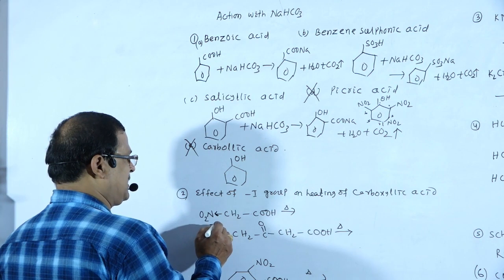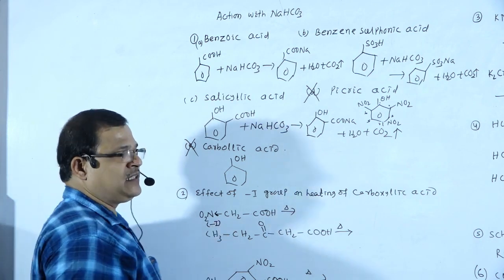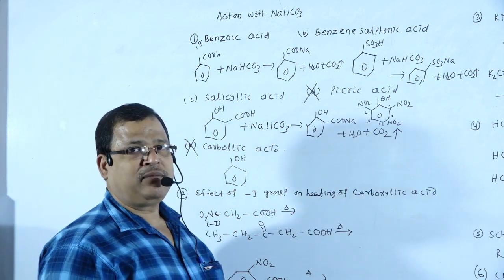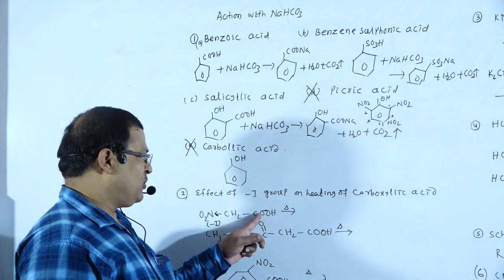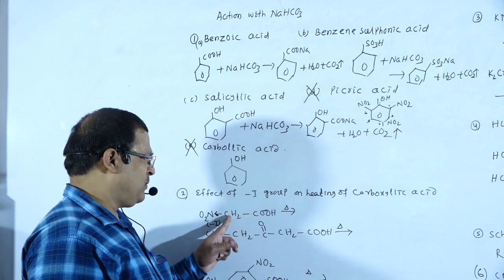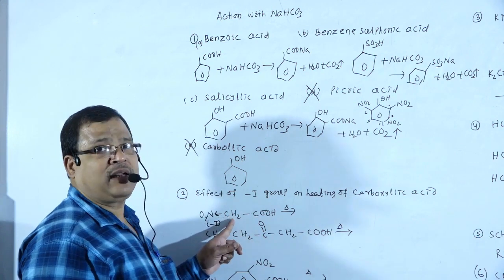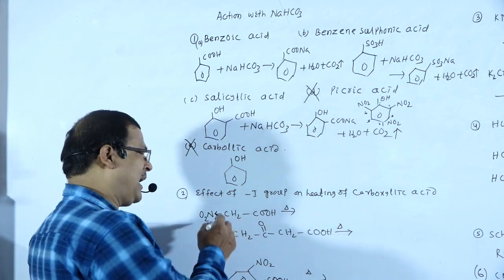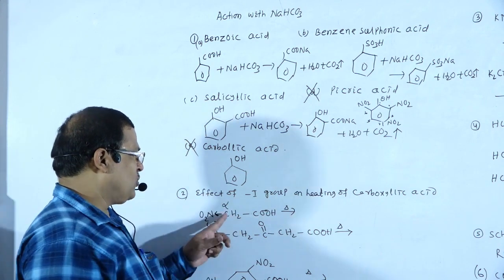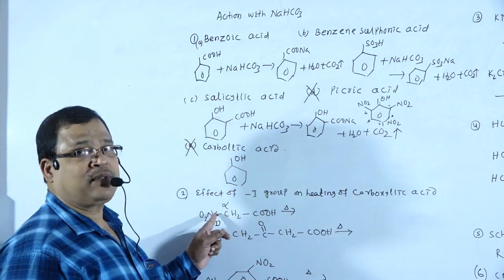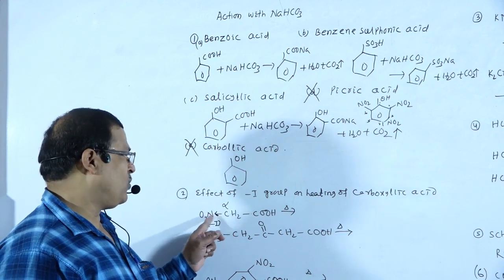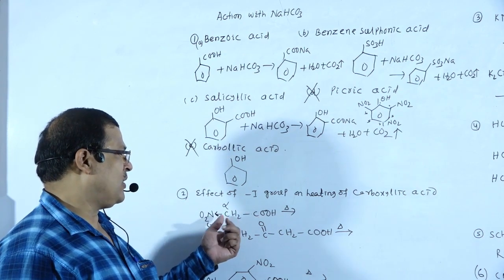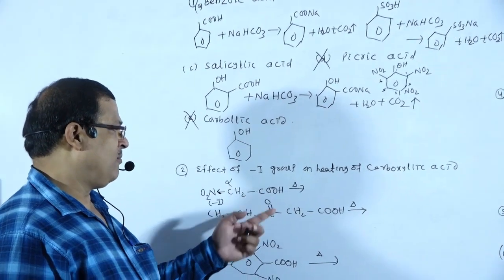The NO2 group is treated as a -I group, a negative inductive, electron withdrawing group. The carbon atom nearby the COOH group is known as the alpha carbon atom. So with NO2 at this alpha carbon atom, it is known as alpha nitro ethanoic acid, or 2-nitroethanoic acid.